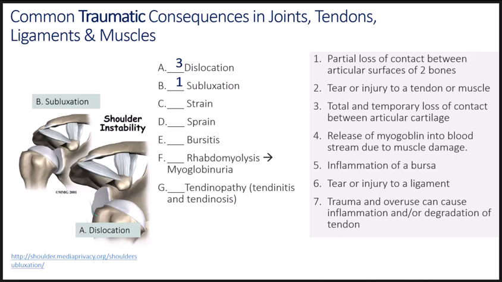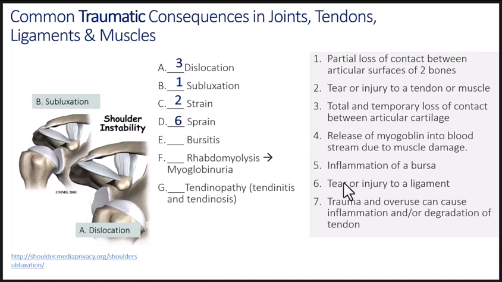Next up is the difference between a strain and a sprain. A strain is a tear or injury to a tendon or a muscle. So think of that maybe T in there referring to tendon if it helps you know the difference. So we get this stretching or this tearing of a muscle or tendon, and because of better vascular supply, a strain will heal better than our next definition, which is a sprain.